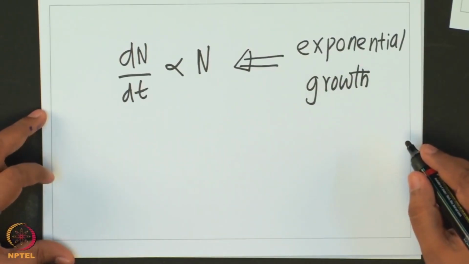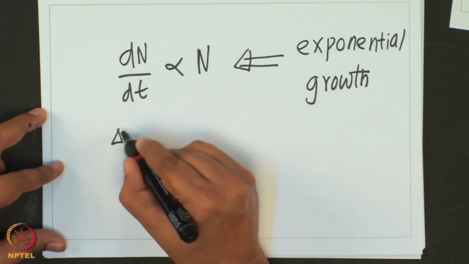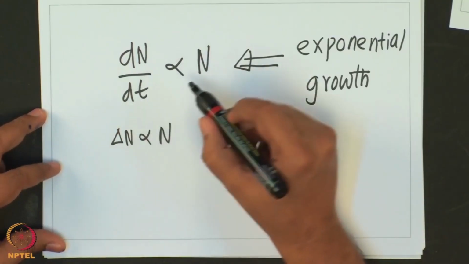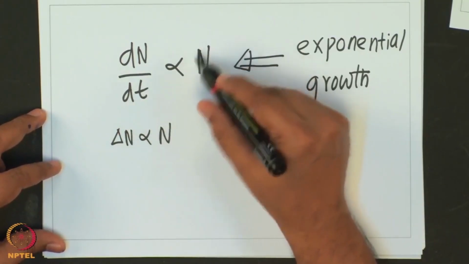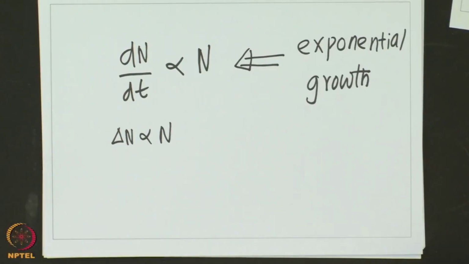Whenever an exponential growth happens, the change, the delta n, would be proportional to n itself. So dn by dt would be proportional to n itself, which is obvious because the more number you have, they all can divide at the same time, right? If there is 1000 bacteria, all 1000 bacteria can divide almost simultaneously.